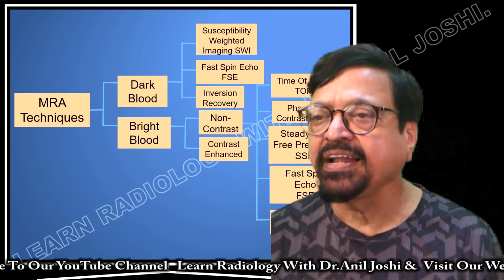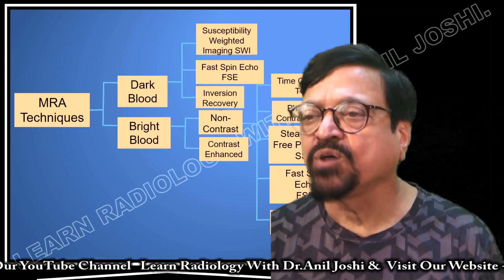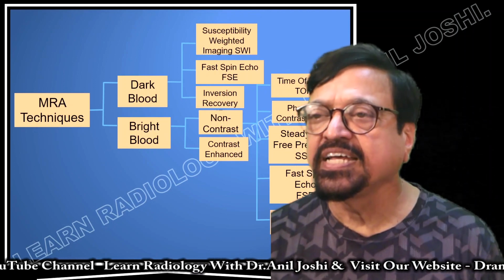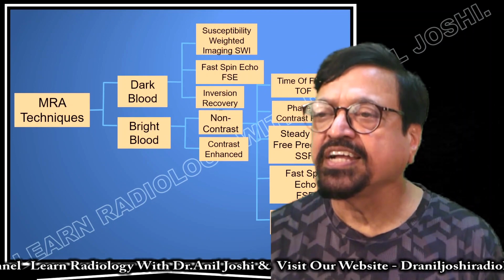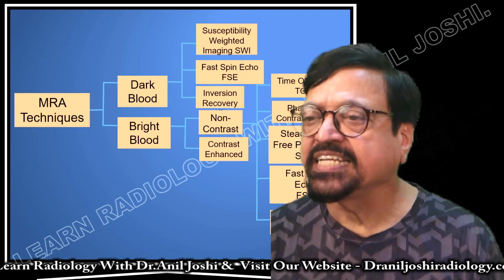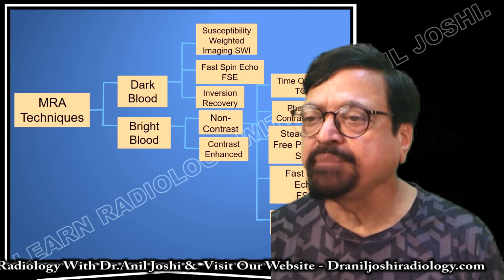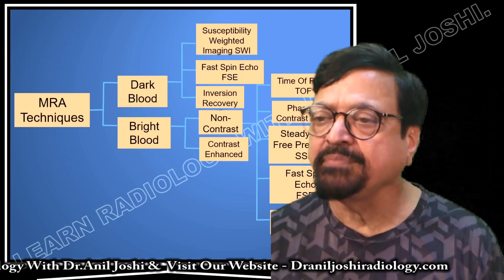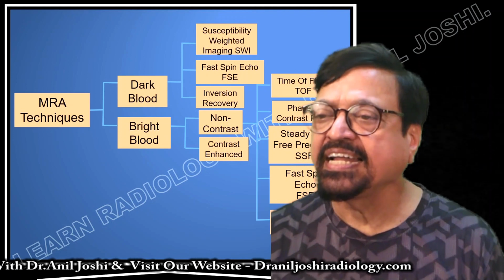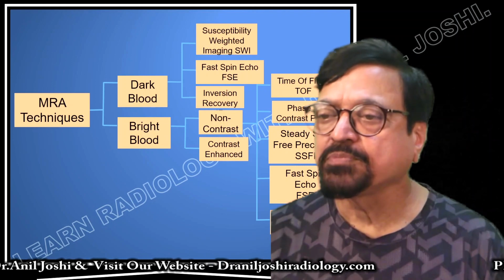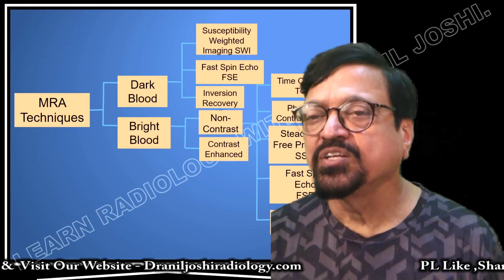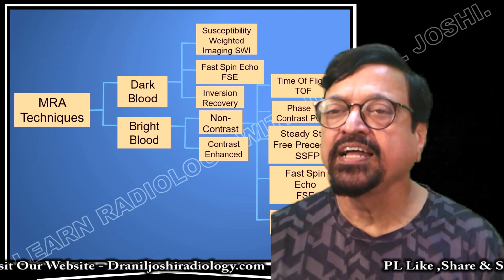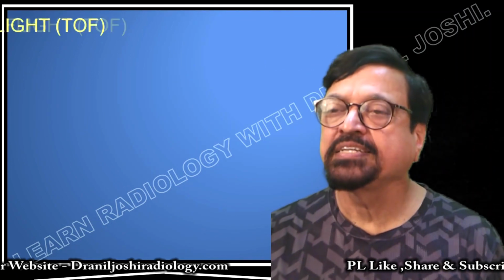Now bright blood, we use either non-contrast or contrast, and there can be time of flight TOF, phase contrast, steady state free precession SSFP, fast spin echo FSE, and arterial spin labeling ASL. So these are the different types of angiographies we have seen in the table.